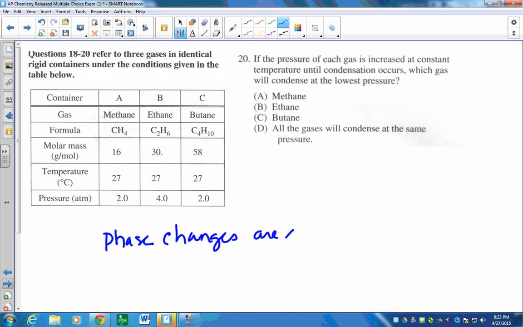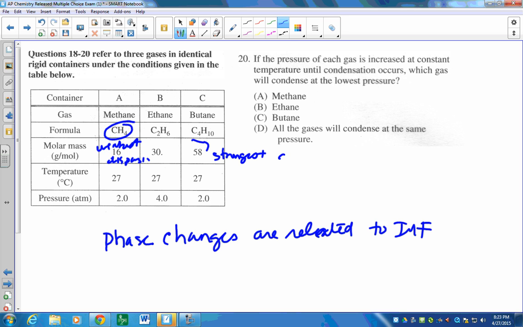Now, all of these are nonpolar molecules, but this one has the weakest dispersion forces because it has the fewest electrons. These have the strongest dispersion forces, because more electrons is more polarizable.